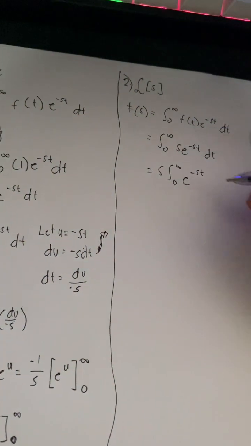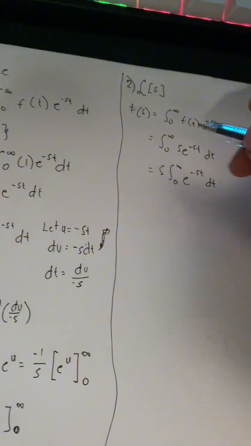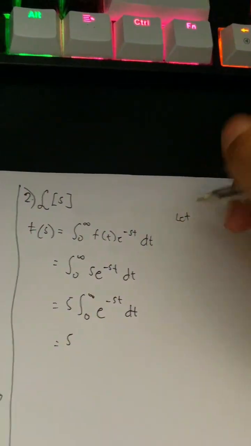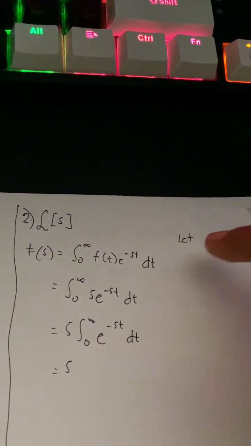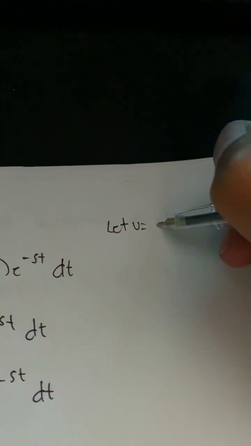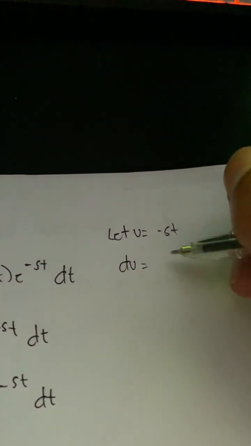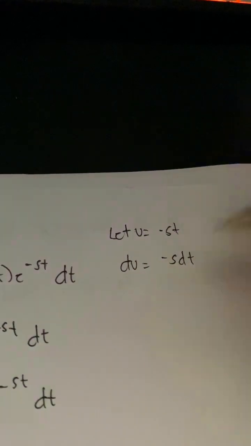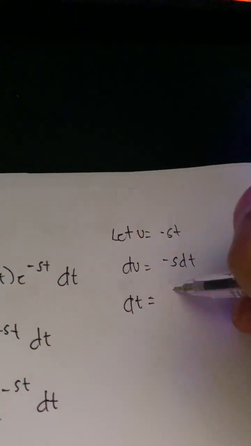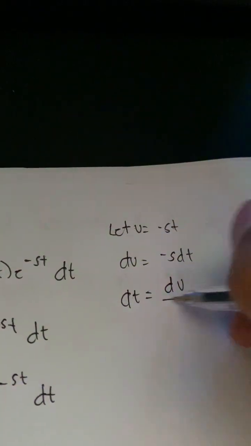And we can again integrate this. Let u equal negative st, and du equal negative s dt. Then dt is equal to du over negative s.